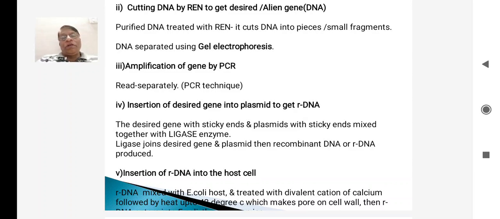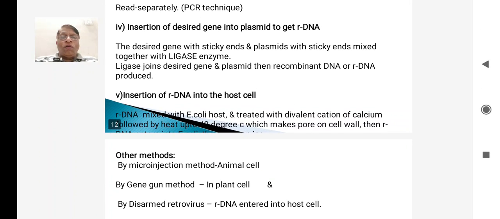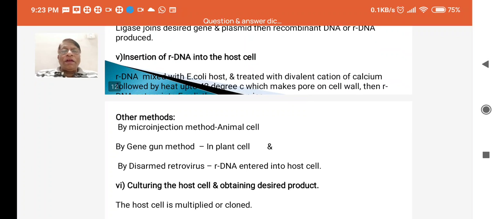Next. Now the rDNA is inserted into the host cell.